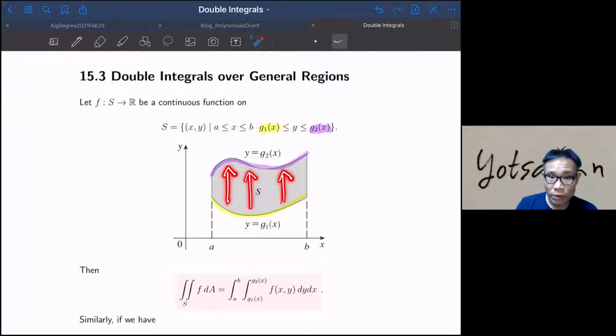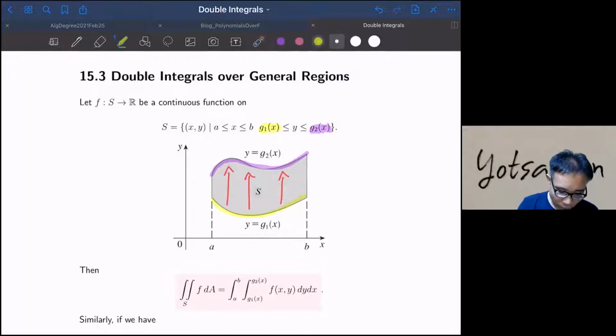So y is going to run from y equal to g1 to y equal to g2. This is what I will highlight, or set up. So y runs from g1 to g2, dy.